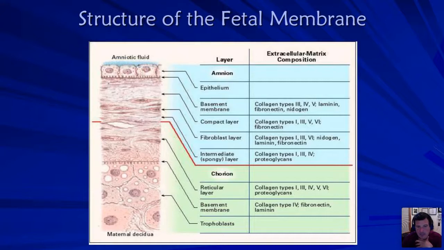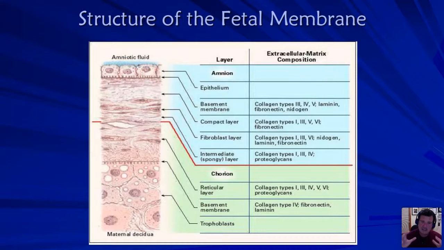And what I like pointing out is look at the tissue, the extracellular matrix composition. You have collagen fibers 3, 4, and 5. You have laminin, fibronectin, again, collagen, proteoglycans. You have a basement membrane, a compact layer, epithelium. Doesn't that sound kind of like the cornea?